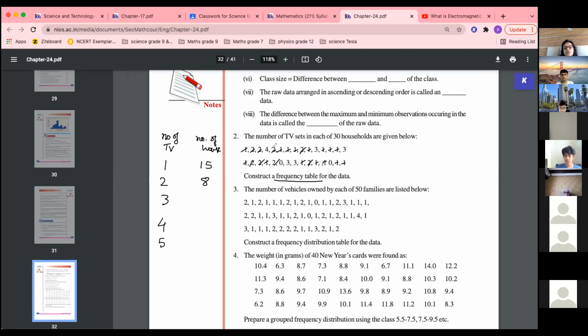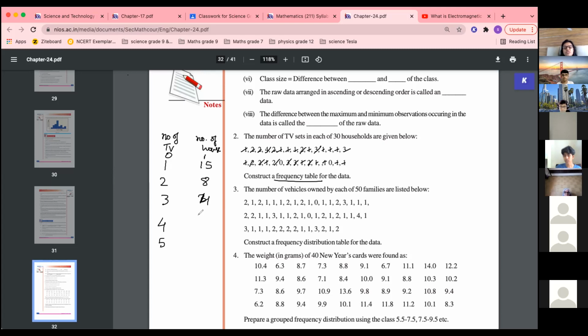It is eight. How many have 3? 1, 2, 3, 3 have 3, 1, 4. Okay, 0 is also there. How many threes? 1, 2, oh I missed, yes 3, 4. And 4 is only one, right?